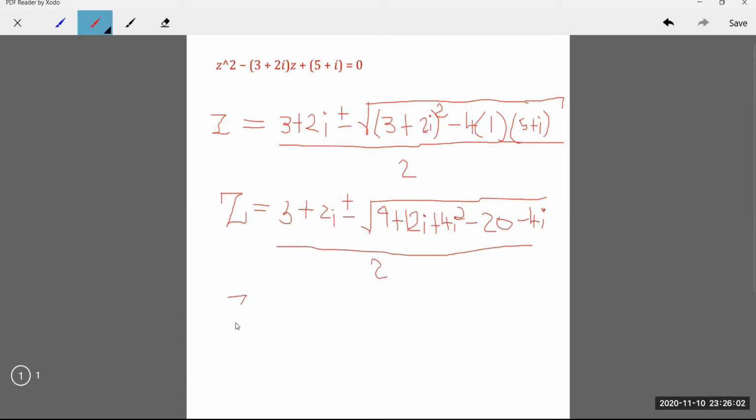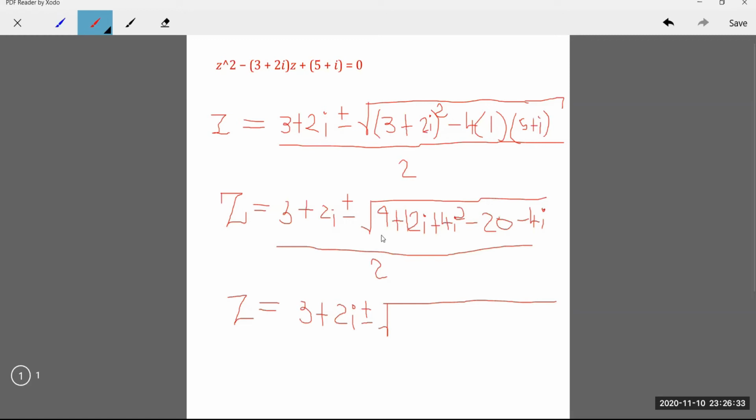And so what we're getting now is z is equal to 3 plus 2i, plus or minus the square root of, now right here, 4i squared is negative 4.